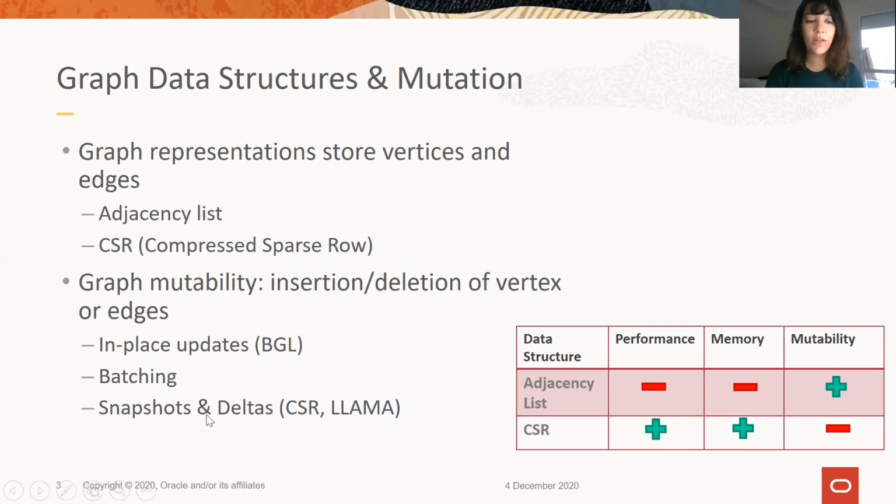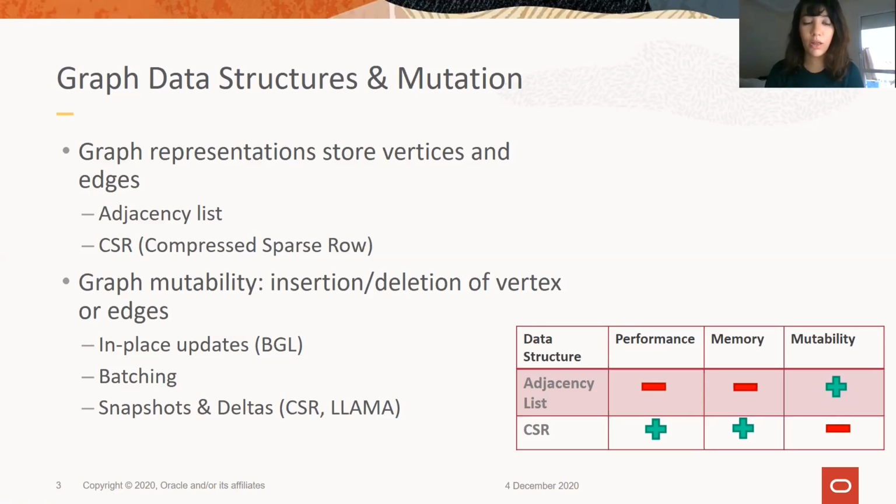Then we have a technique called snapshotting, or creating deltas, that is mainly useful when we have immutable data structures like CSR. Whenever we have to perform analytics and scans, we have to scan both the original data structure, for example CSR, and the deltas as well.